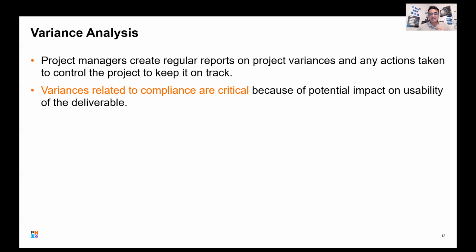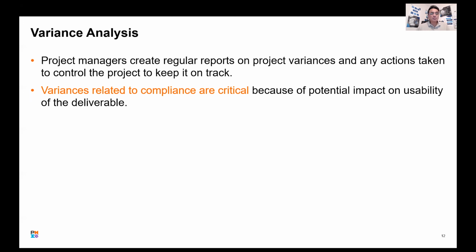Let's take an example. I think Stephanie mentioned that if you build a house by ignoring the compliance requirements, you won't be able to use it.